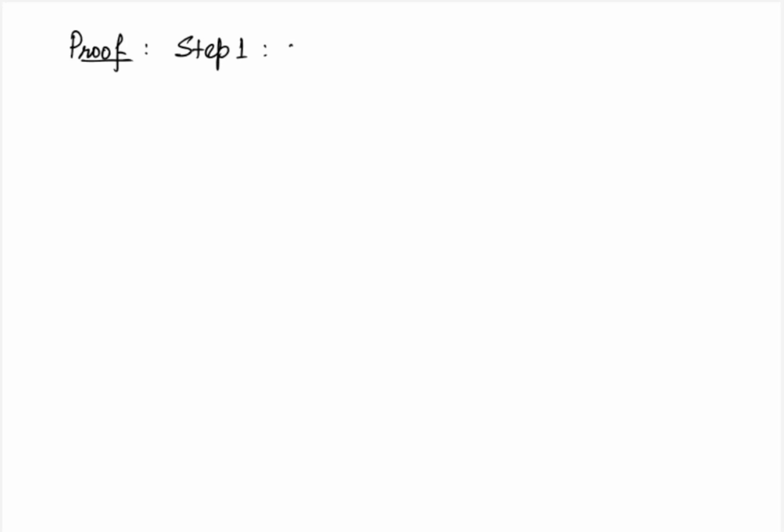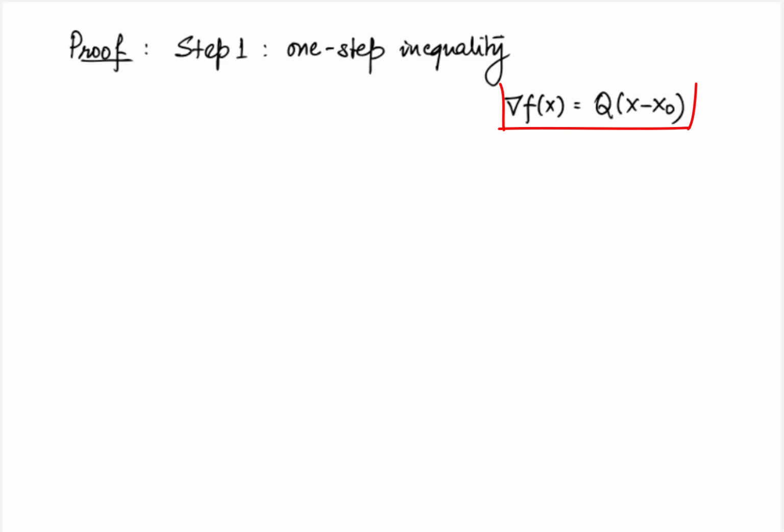The first step, as before, involves establishing a one-step inequality. We can observe here that the gradient is given by Q times (x minus x naught). So the gradient descent update is written as x_{t+1} equal to x_t minus eta Q (x_t minus x naught). Now subtract x star from both sides and recall that x star is equal to x naught.